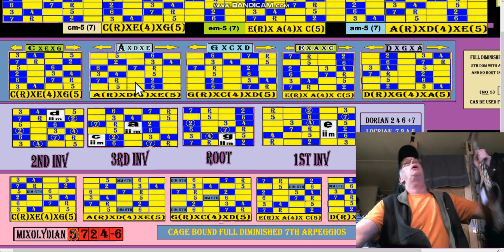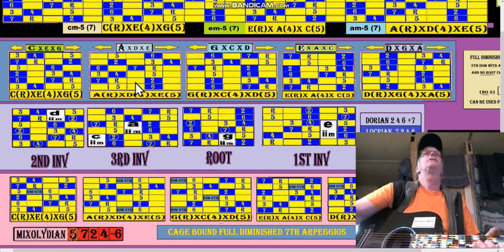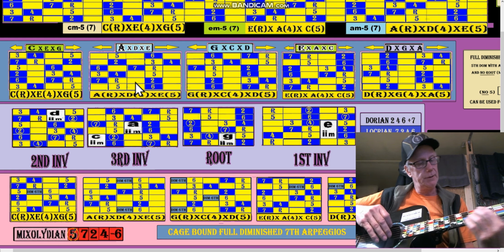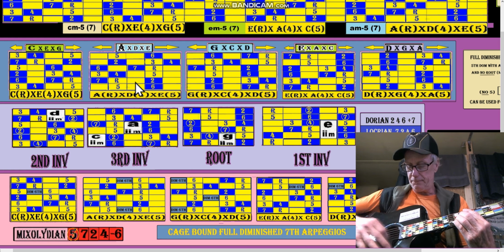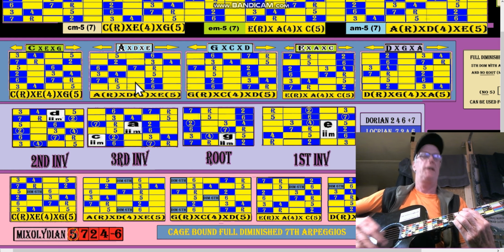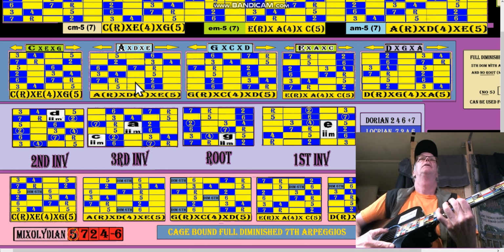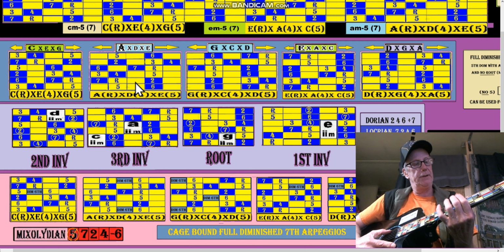Just read them off. So let's say we're in the A box here, in the key of C. So it would be 5, 6, the A box, the A-shaped key of C pentatonic.